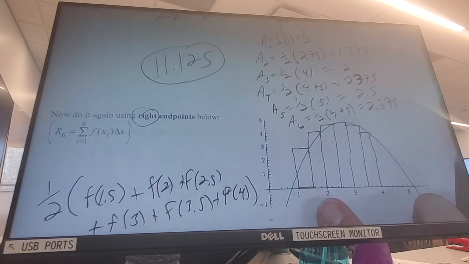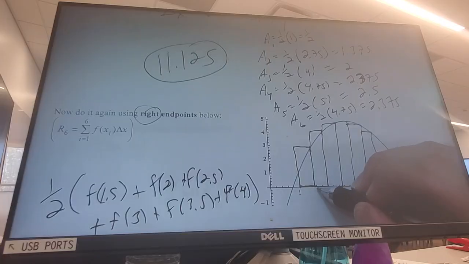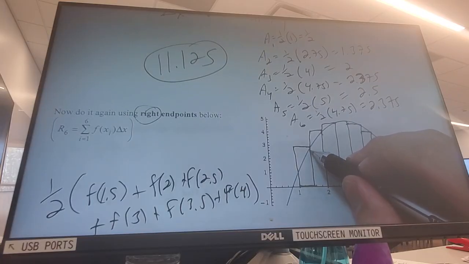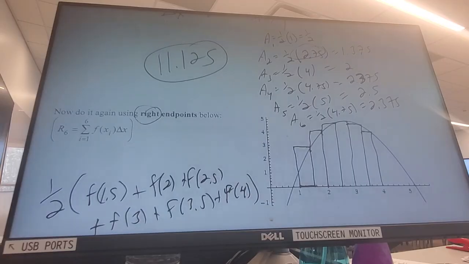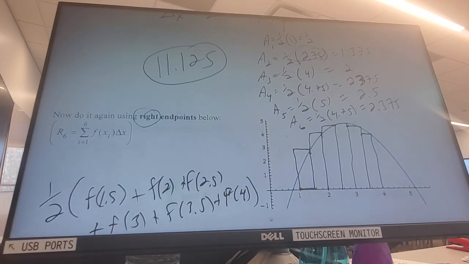So how tall is my first rectangle? Here, it's the output for 1.5. But don't we know the output for 1.5? Isn't it 2.75? In fact, I got them all on my calculator, so who cares?